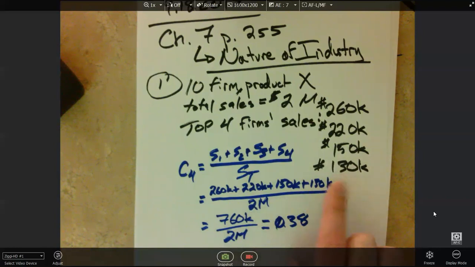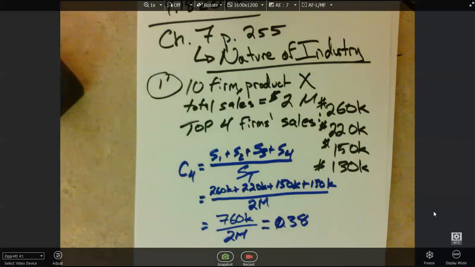That information is not included in this concentration ratio, but it would be included in the HHI, which we're going to do next. Yes? I mean, that's not quite dominating. If we look at some of the other, so one second.